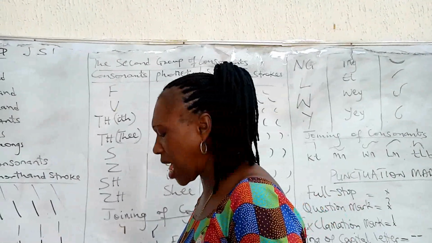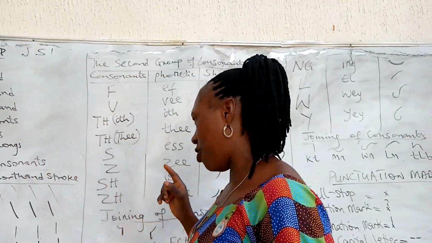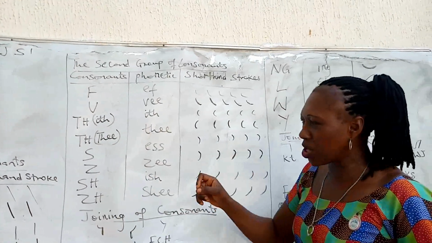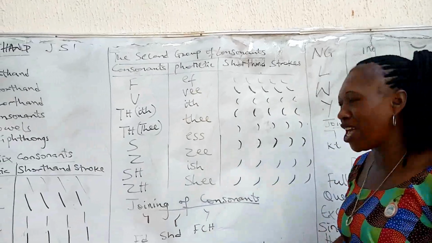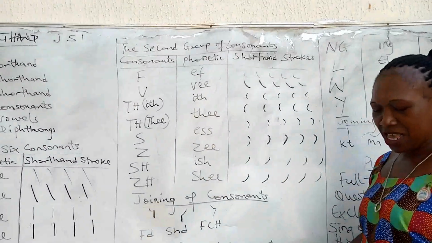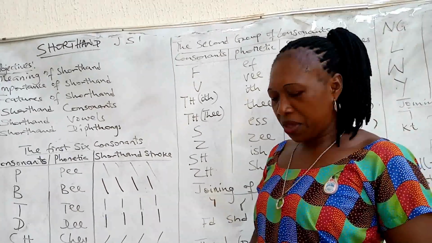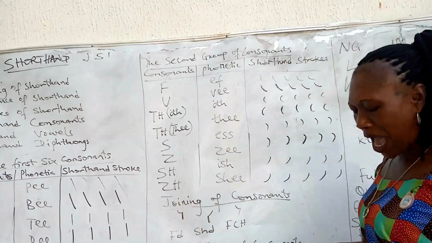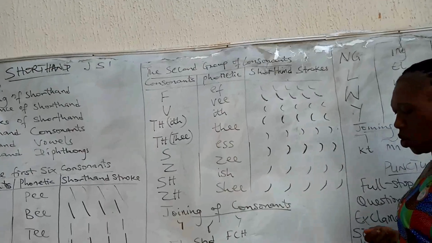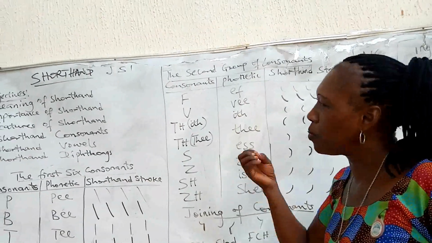Four, consonants are the main language of shorthand. Consonants are the ones you will draw, then you vocalize them. They are represented by simple strokes, signs, which when joined together form words.